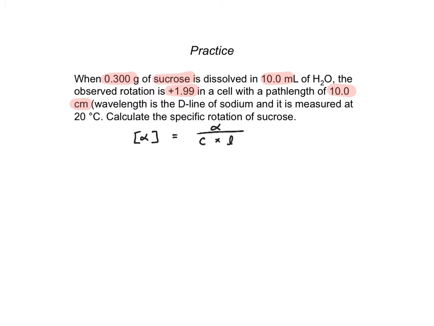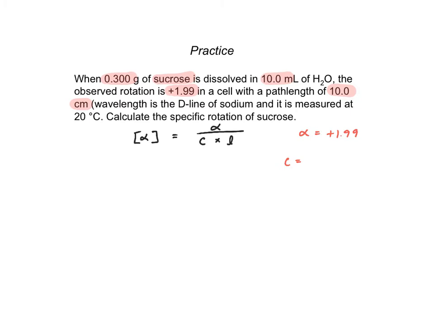So now, which one of these do I already know that I can already plug into this? Hold on. So I know that the observed rotation, alpha, is the positive 1.99. So is this dextrorotatory or levorotatory? This is dextro, it's positive, so it's right-hand rotation. What about concentration? What does my concentration need to be in units of for specific rotation?